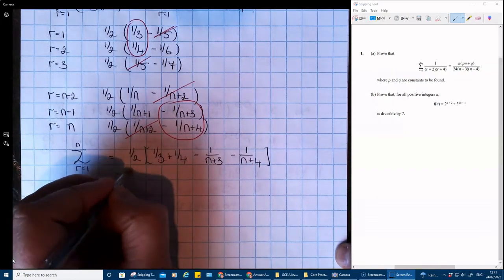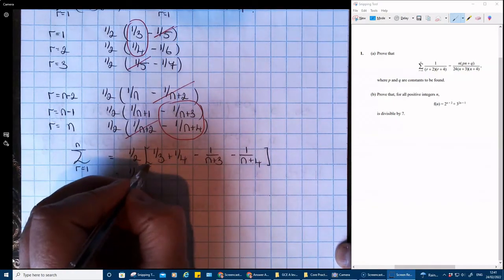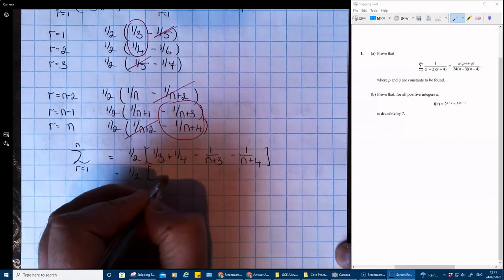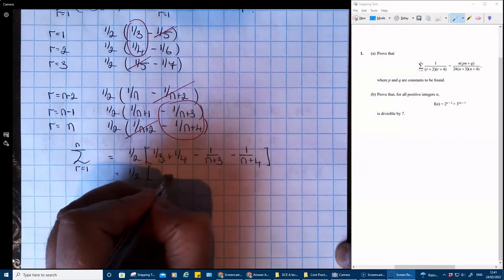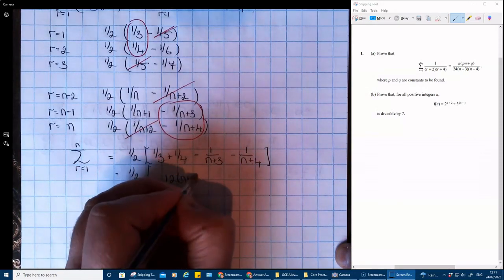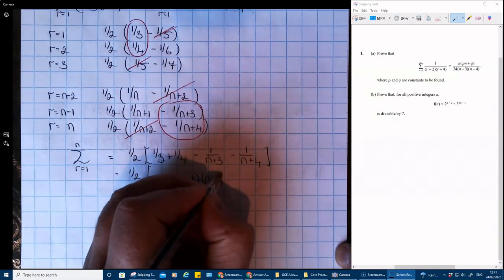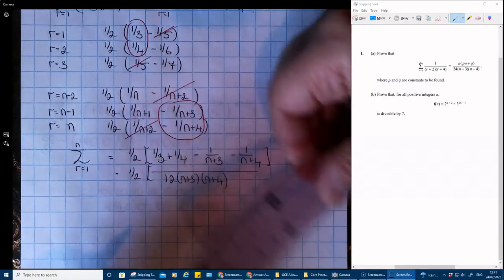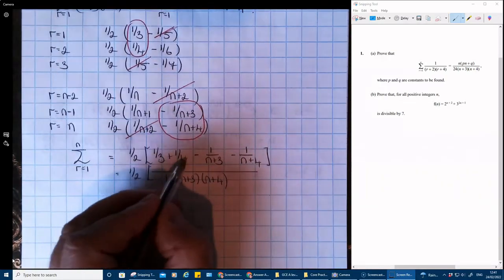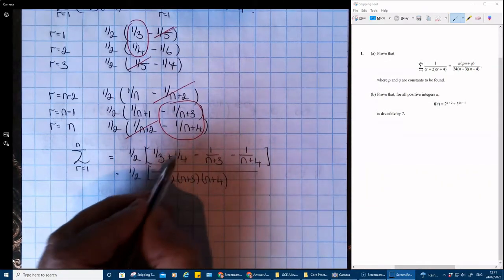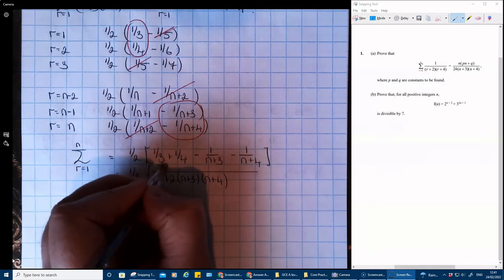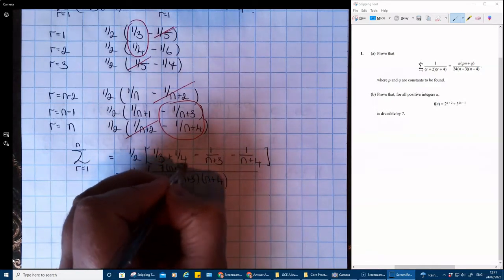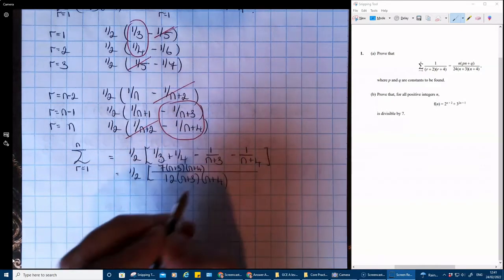So I've got a half. I'm going to make the denominator 12(n + 3)(n + 4), and then the numerator, a third plus a quarter is 7 out of 12, so I get 7(n + 3)(n + 4).